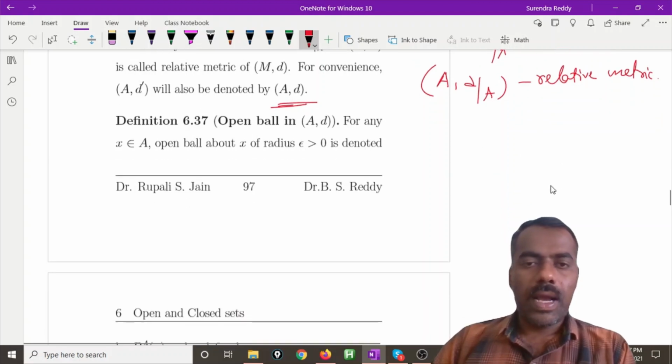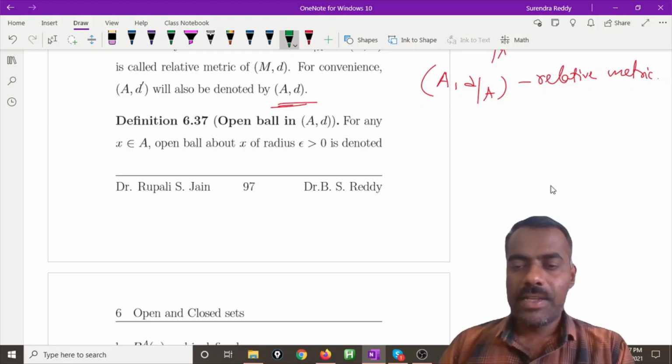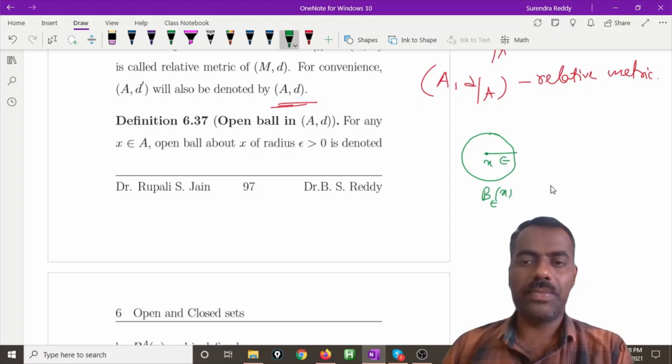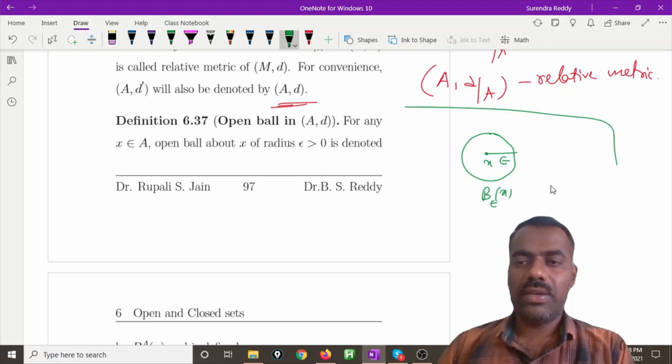Then how do open balls look in this relative metric? Suppose this is a point x, this is a ball around x of radius epsilon, and you have some M here.